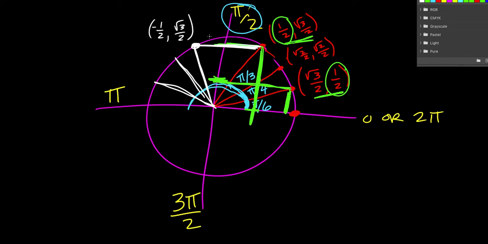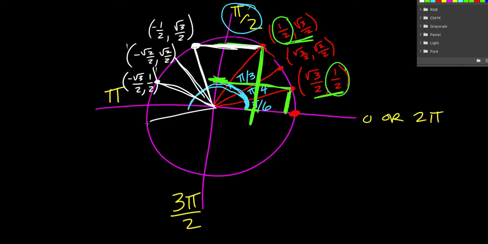So the y value is still positive because we're still in the positive y section. This one we reflect across. Once again, we just change the x value, keep the y value. Reflect across, change the x value, keep the y value for this point, and so on.